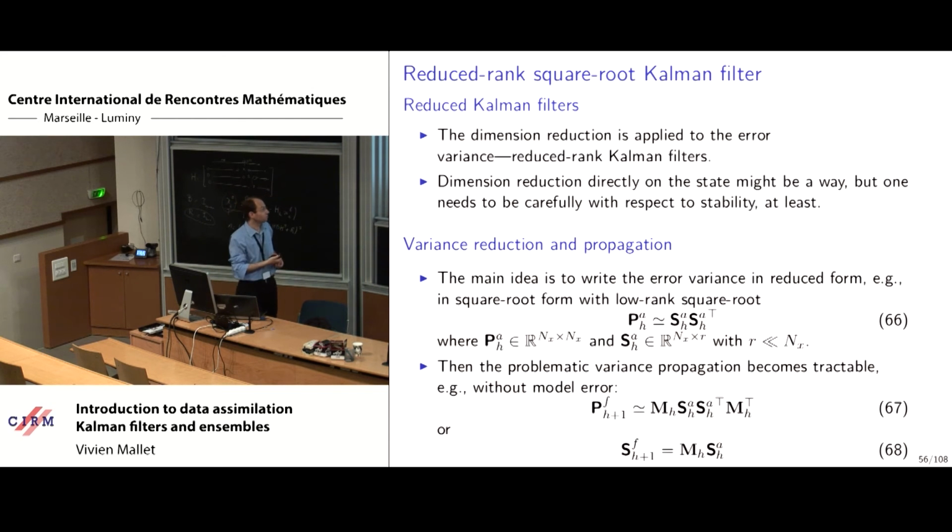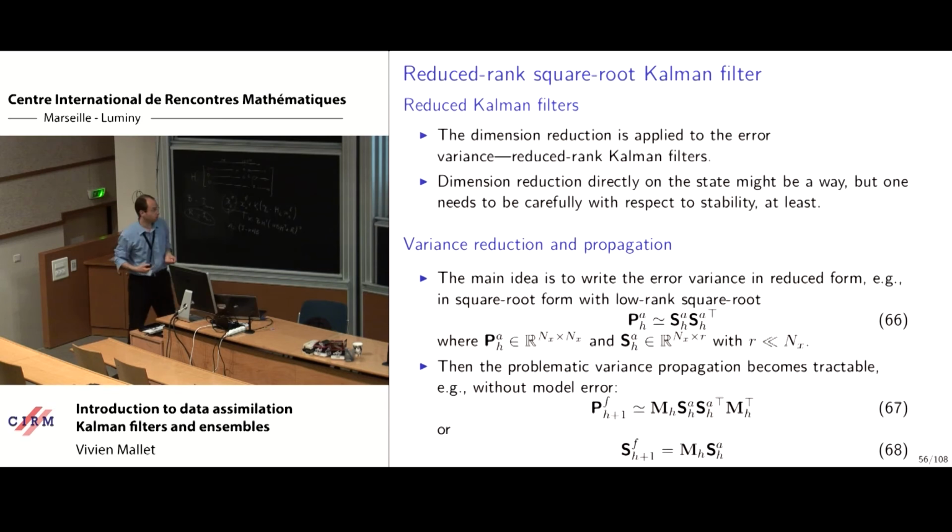So why not do it from the start? We take that PA and write it in square root form, or approximate square root form, where we take the leading modes in PA and put them in the square root SA, and we write PA as SA times SA transposed, where SA has just a few columns, like 10, 30, maybe 100, and that's it.